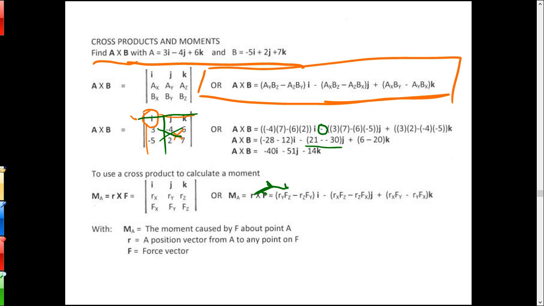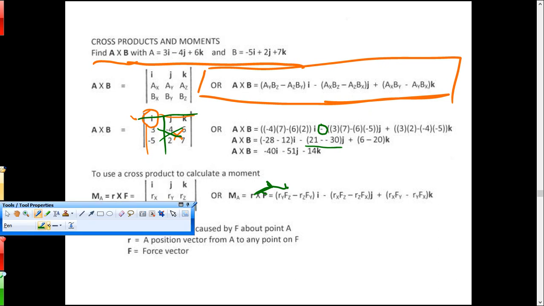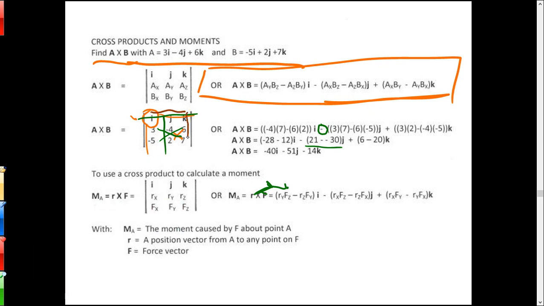And then for the last one, you cross out the top row and the k column and cross what's left. So 3 times 2 minus negative 4 times negative 5. And that's just how I do it. But again, whatever way works for you is fine with me. Watch your signs when you're doing this. It's the first one minus the second one inside the parentheses, plus you've got to remember that negative in front of the j component.